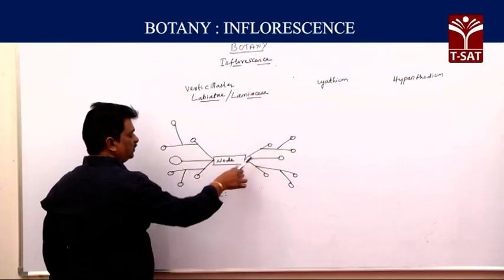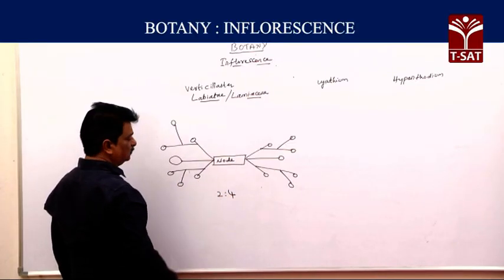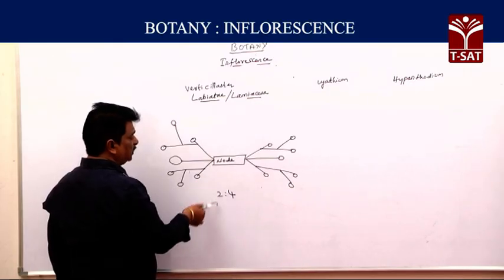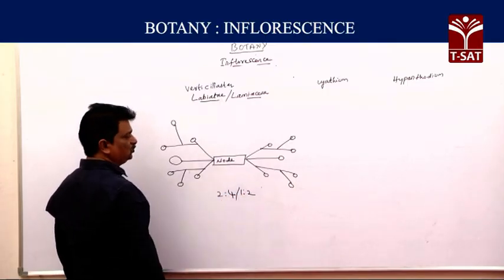So the number of dichasial cymes is 2 and scorpioid cymes is 4. In verticillaster, the ratio of dichasial to scorpioid is 2:4, which means 1:2.